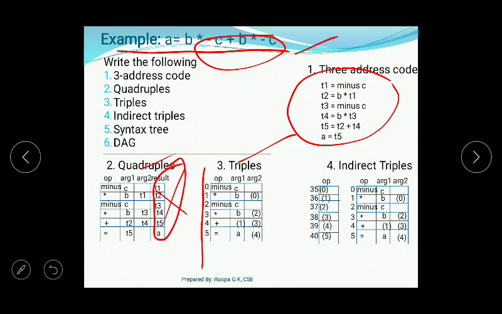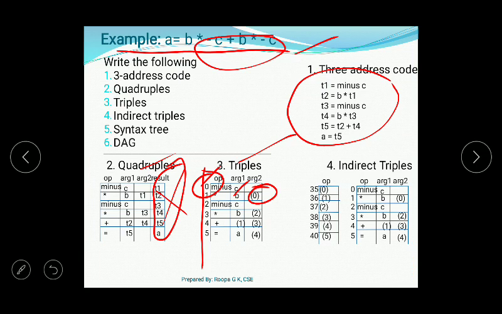It is stored in index 0. Second line B into T1. Operator is star, multiplication. First argument is B. What is second argument? That is minus of C. But minus of C is already stored in index 0. So 0 has to be written. Following, right? Instead of result, index is used.